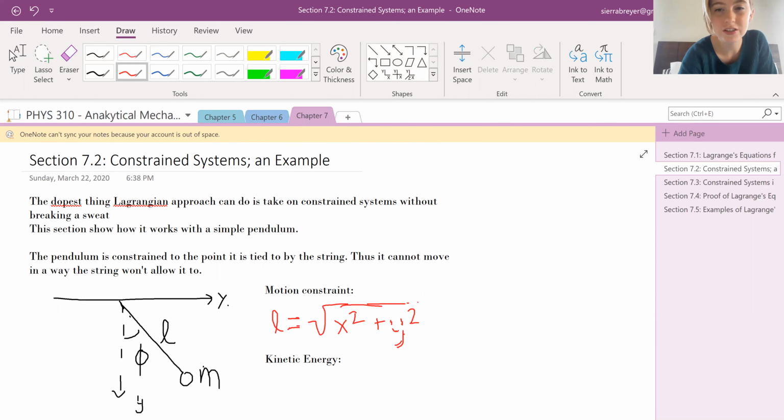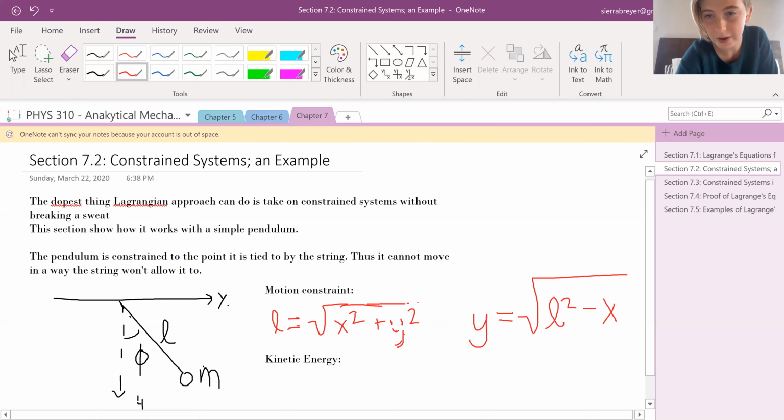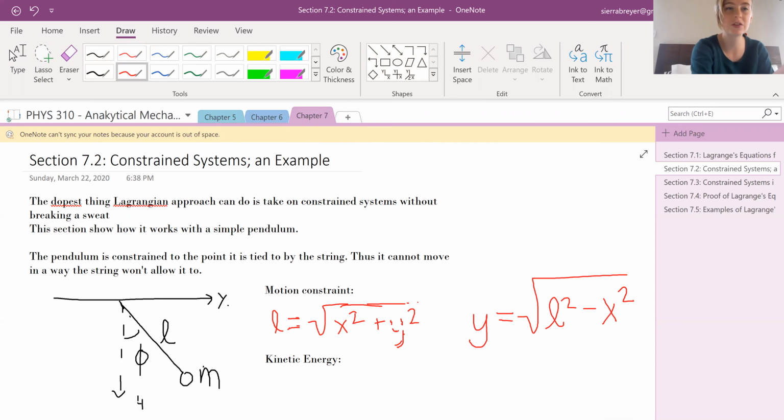We're going to rearrange this so it has y. So y is going to be equal to the square root of L squared minus x squared. So y is going to be our dependent variable here, and that's why we want to solve for it in that equation when we constrain our motion.